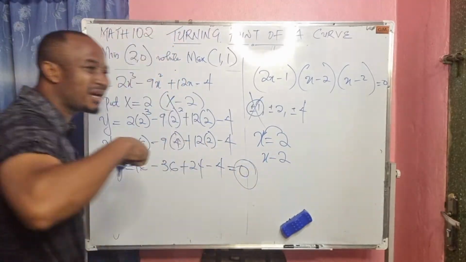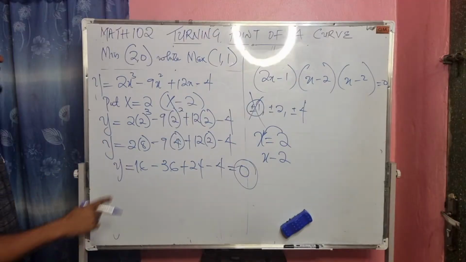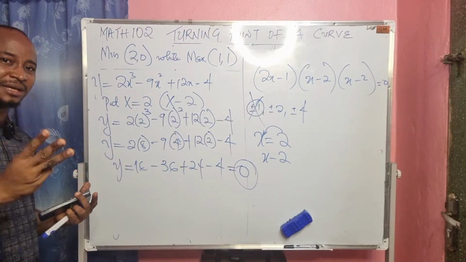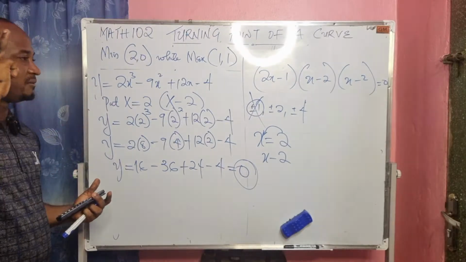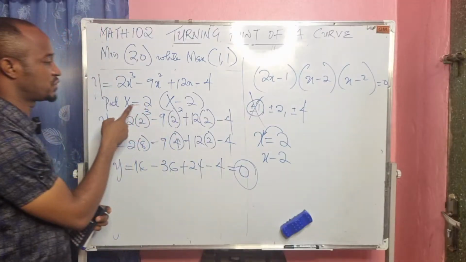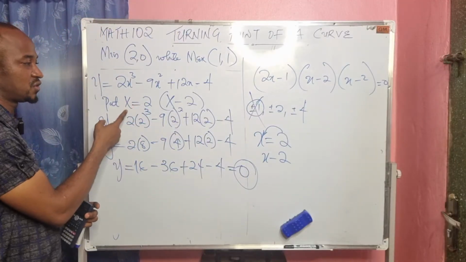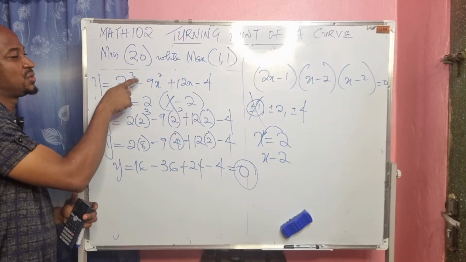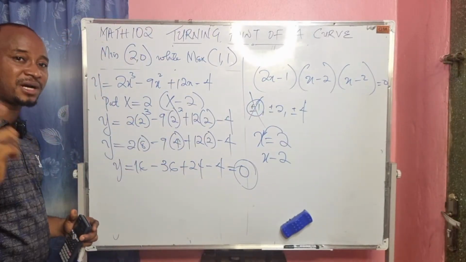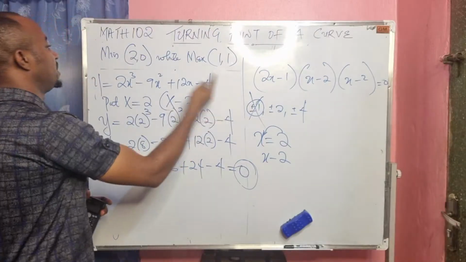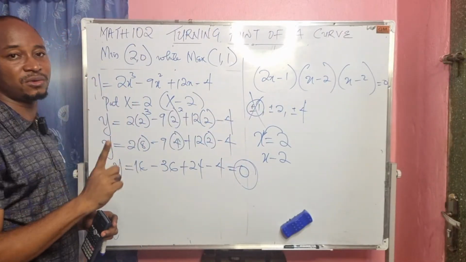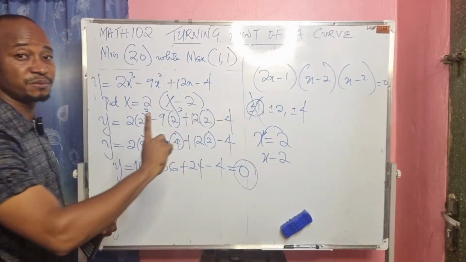So to get other factors, don't forget that the highest power is 3. It means we're going to get 3 possible values of x. One of them is already x equals to 2. Why do we say it is x equals to 2? Because after putting this into this, we have 0. So what we do next is to find other factors by dividing the polynomial given with the first factor, which is x minus 2.